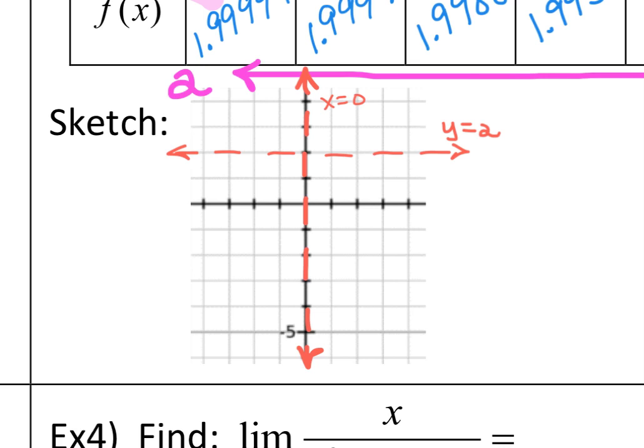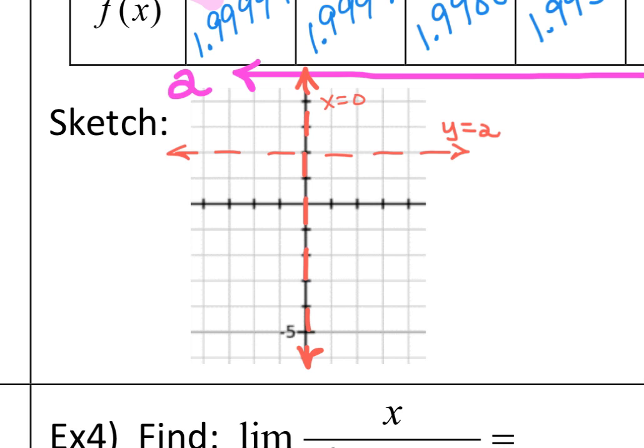And what you should see when you look at the graph in your calculator screen is that it's symmetric about the y-axis. So what I would just do is graph the numbers on one side of the function and then just mirror those values on the other side.